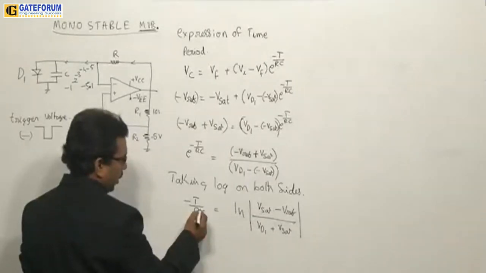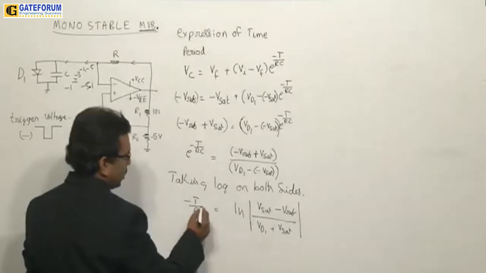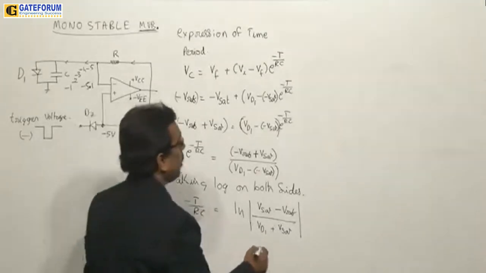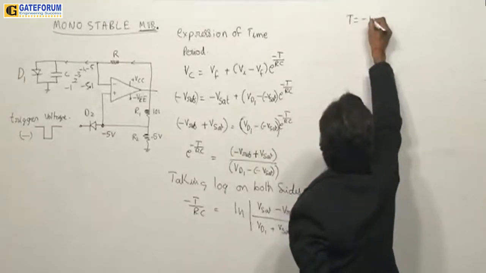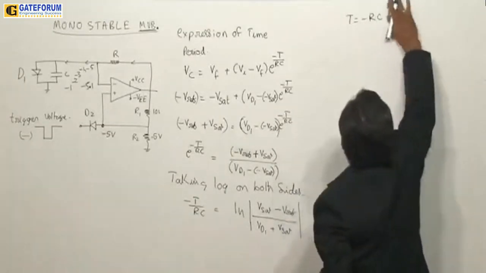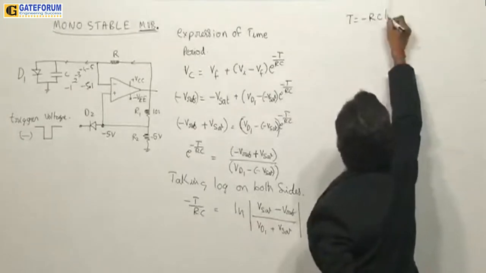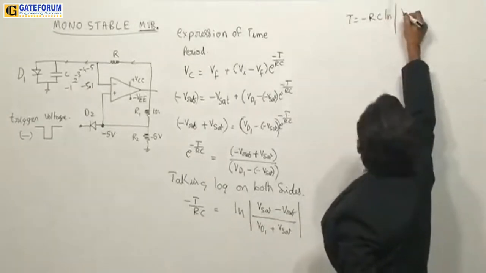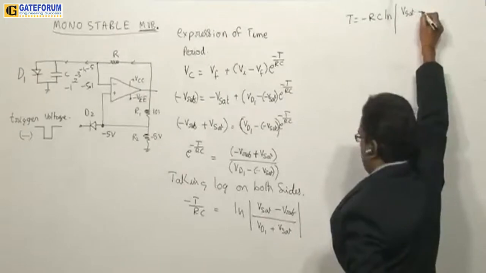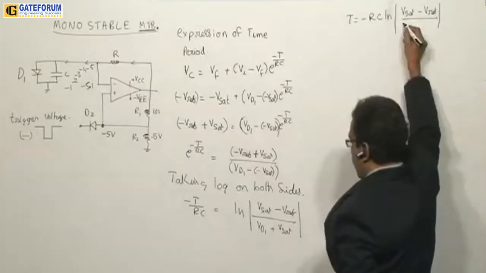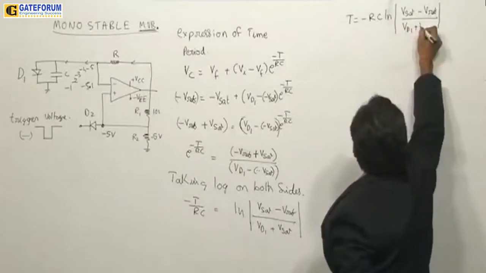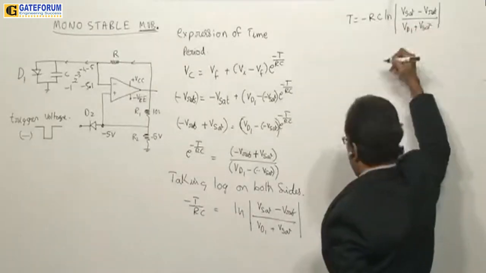Now from this point, minus t by RC. Send this minus this side. Then I am going to get this equation like this. T is equal to minus RC ln of Vsat minus V reference divided by VD1 plus Vsat.